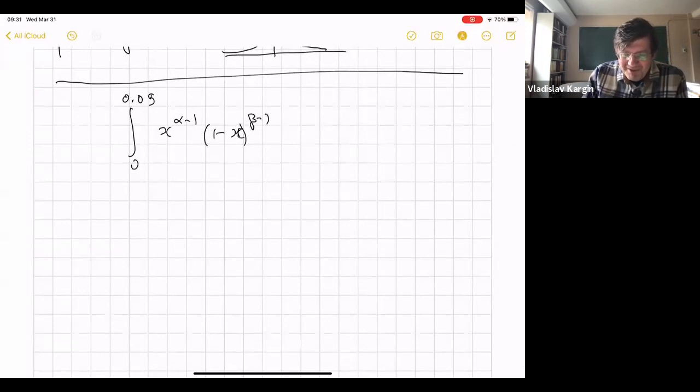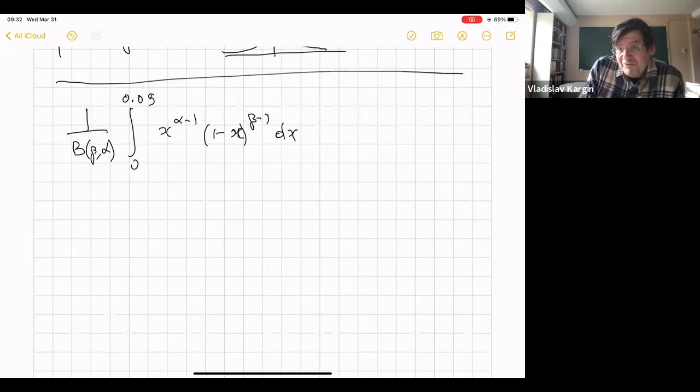If alpha and beta are small, then it's a polynomial, so you can calculate it, and it's divided by B(alpha, beta).